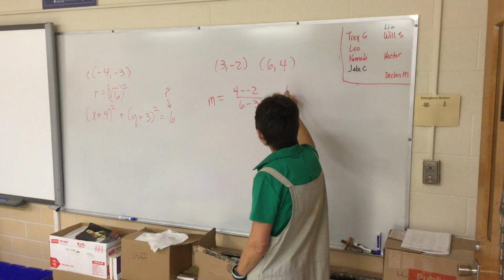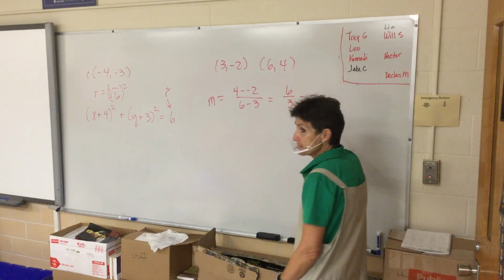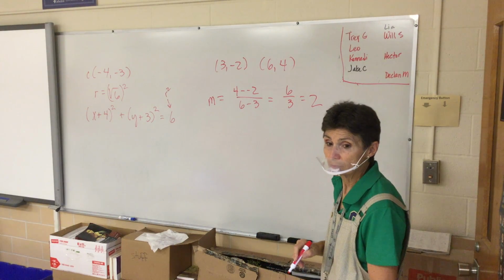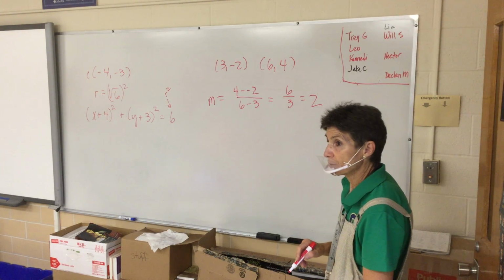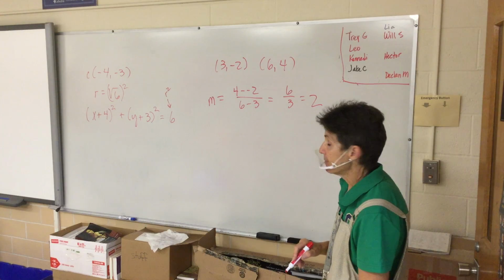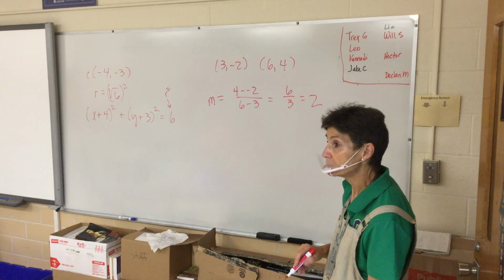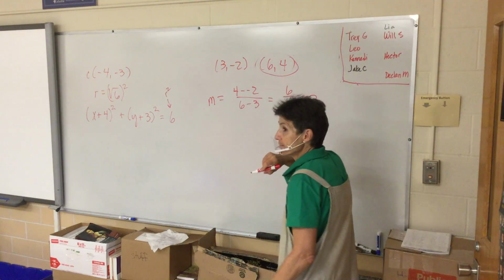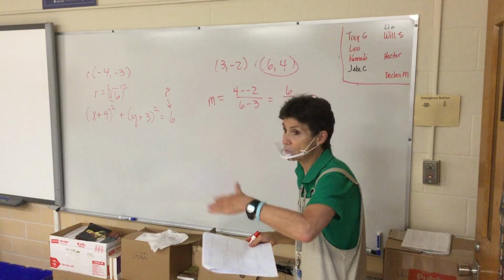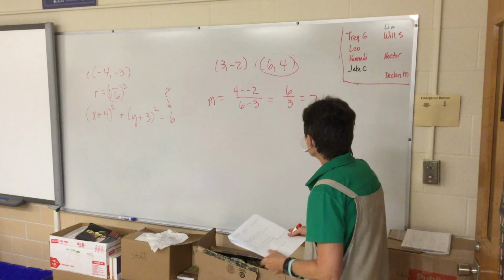And that is 6 over 3, which is 2. Right? And then what? Pick a point. I'll pick that one because it doesn't have any negatives in it, but it doesn't matter, right? You can pick whatever point you want.